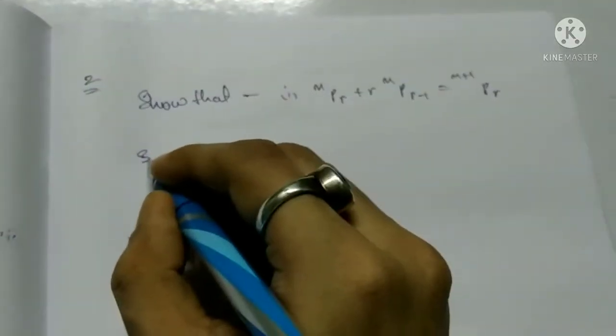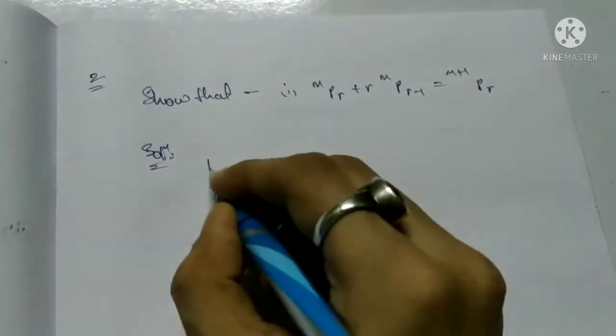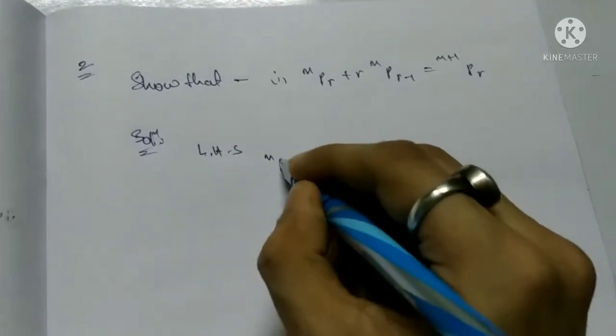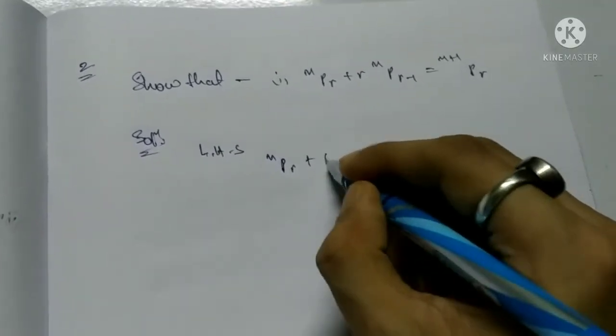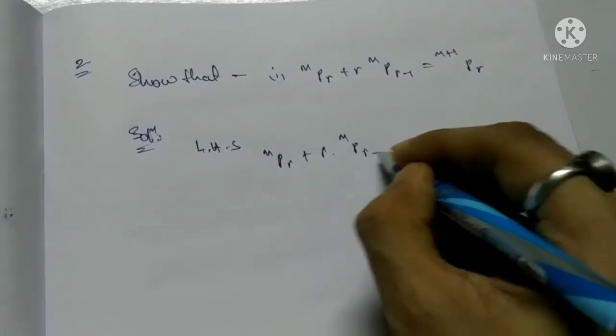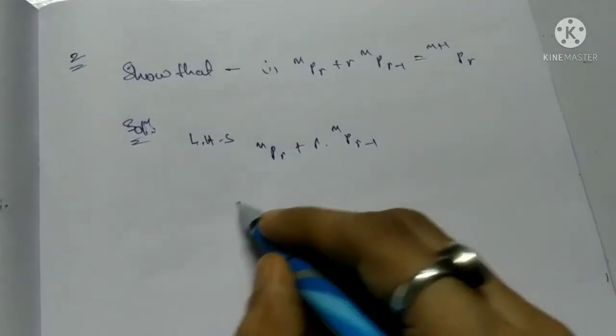So here you see, LHS is nPr plus r into nPr minus 1. This one I will have to prove.